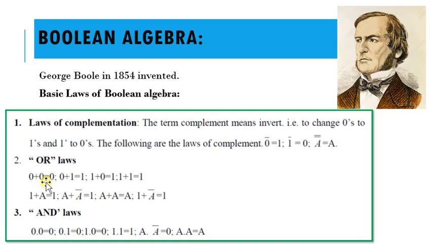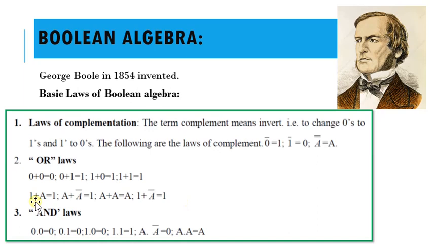Instead of representing both in terms of binary numbers, I can represent one of them as a character, and I can write this as 1 plus a is equal to 1, a plus a bar is equal to 1, a plus a is equal to a, and 0 plus a is equal to a.